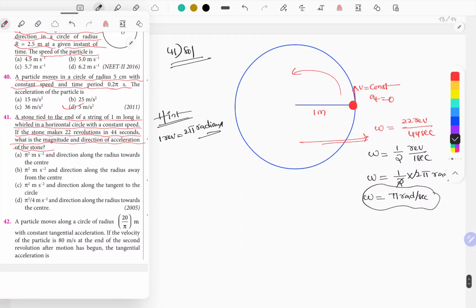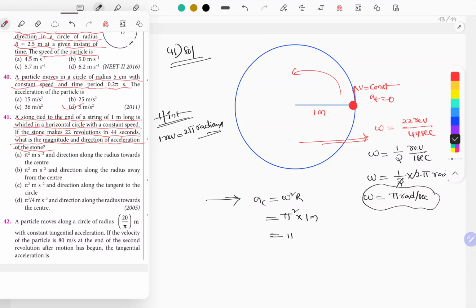For the acceleration, the only acceleration present is centripetal acceleration, because this stone is revolving in a circular motion with a constant speed. So tangential acceleration is going to be 0. Centripetal acceleration formula in terms of omega is omega square r. The value of omega is pi, so it is pi square into r value, which is 1 meter.